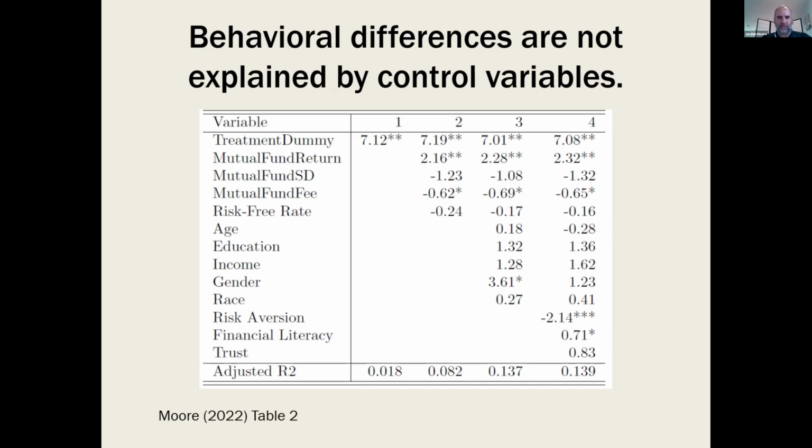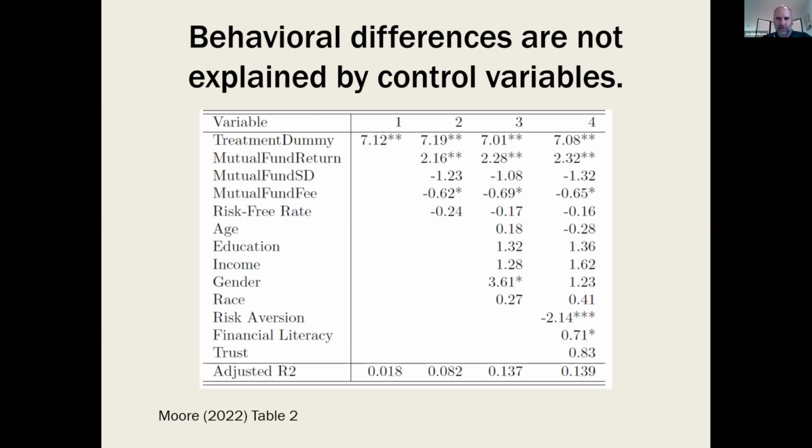And then in the fourth specification, we add some psychological variables: risk aversion, financial literacy, trust. These are all based on questions that we ask in the survey. And so you see that even in this specification, one thing that I thought was interesting was the significance on gender goes away and is replaced with a negative and significant finding on risk aversion.